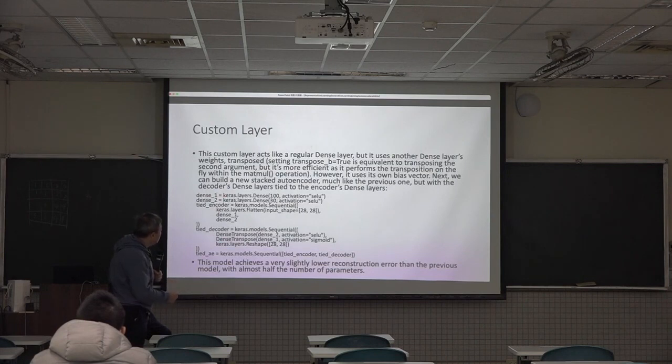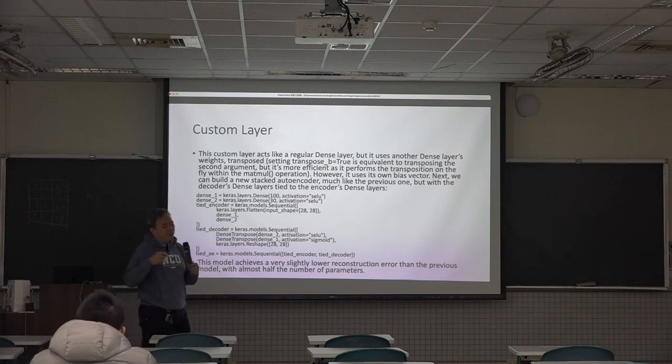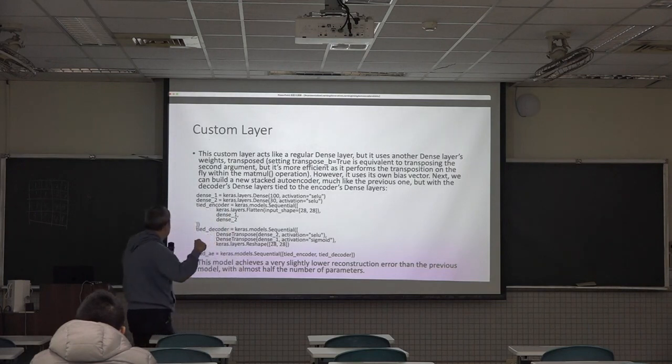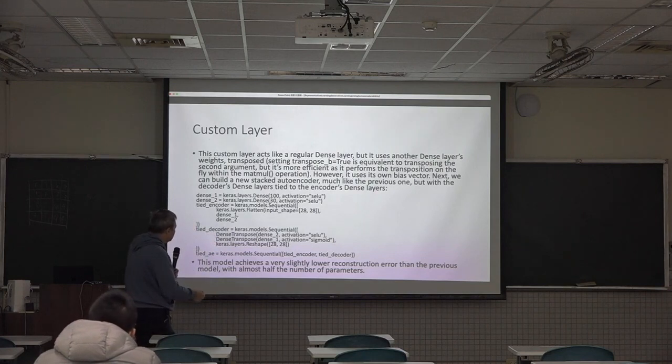This allows us to create a layer exactly the same as dense 2, in other words, 30 neurons, zero activation, but with the weight that is the transpose of dense 2. Then we use DenseTranspose to create another layer, using dense 1 as the input.